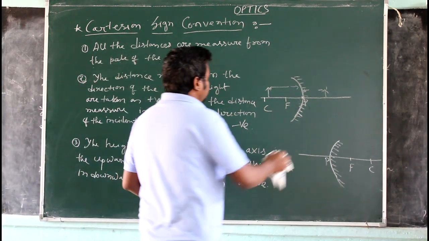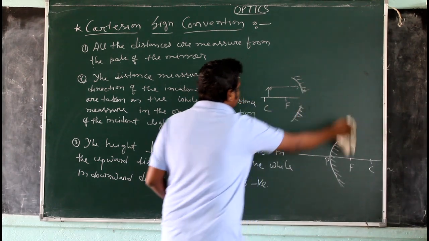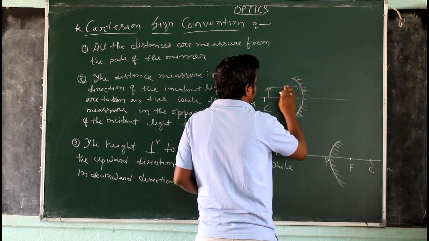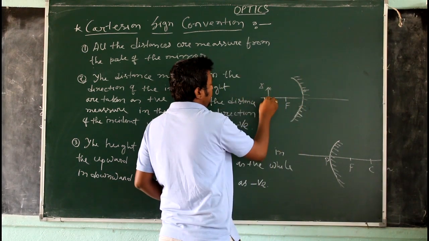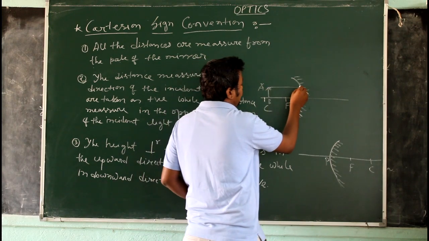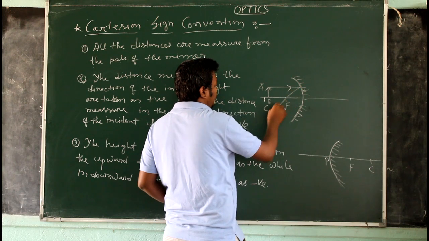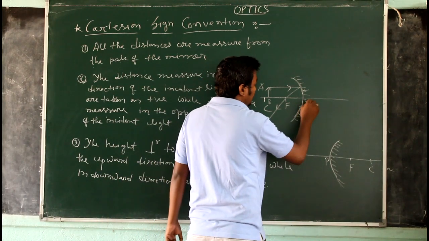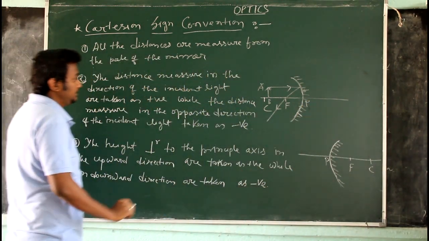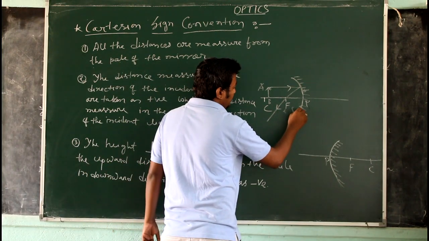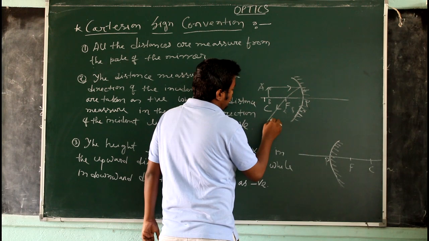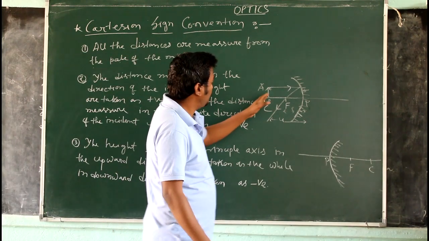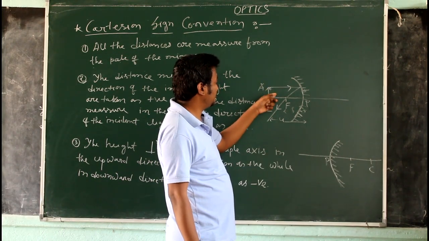Suppose we take an object AB, with the incident ray like this, and this is the pole. Suppose f is the focal length and u is the object distance. We first measure the distance of this object from the pole.